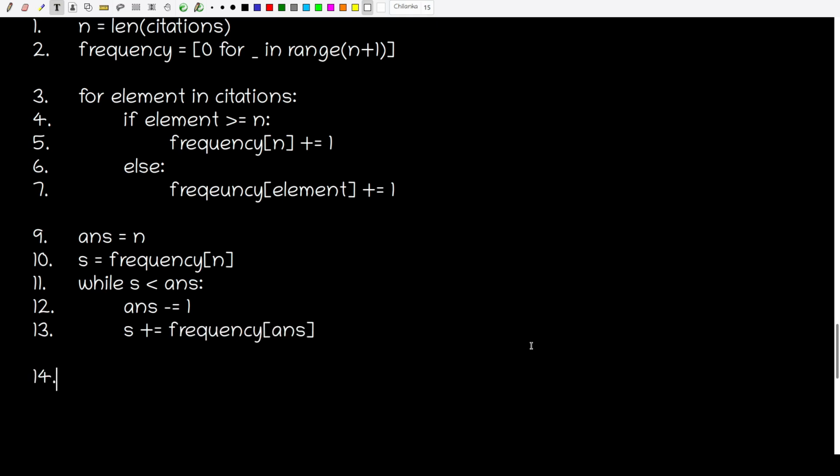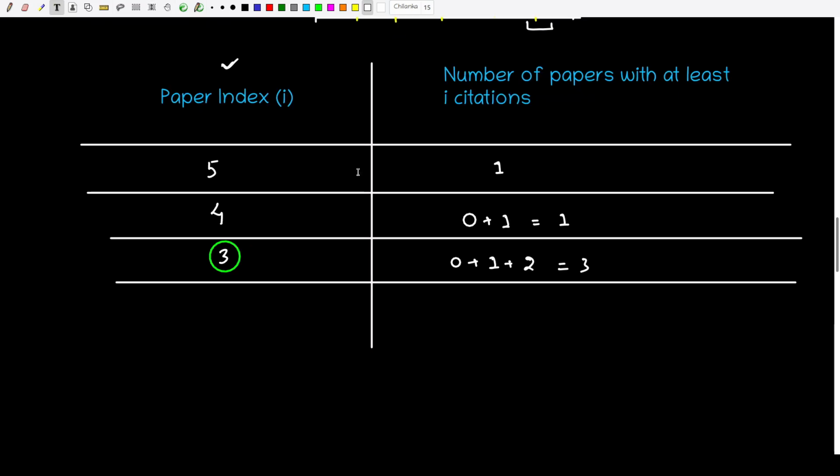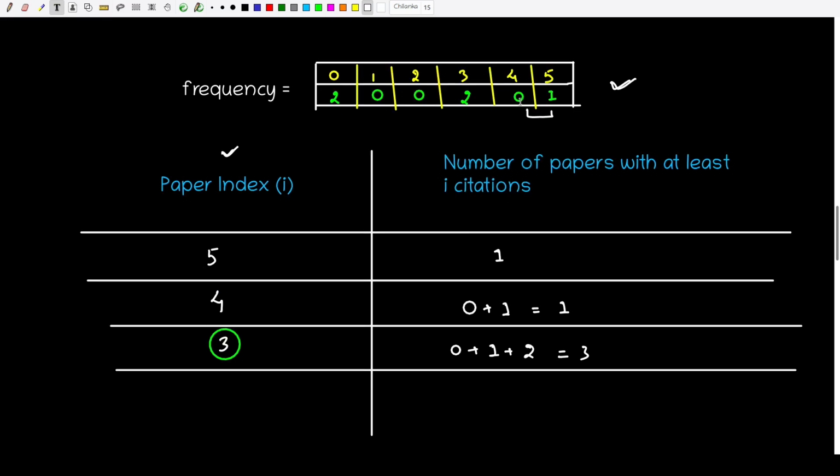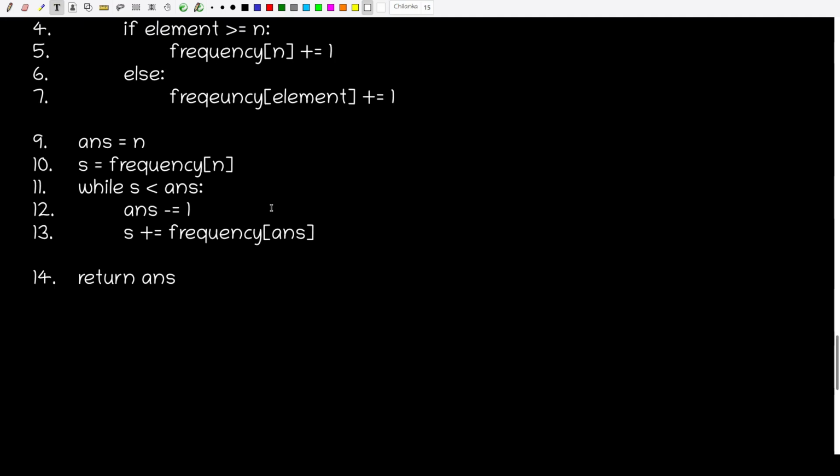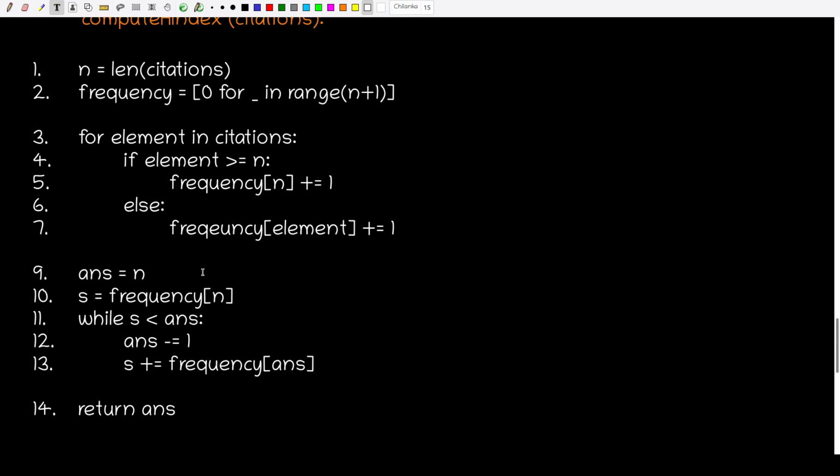So folks, over here, let us say this does not satisfy the definition of h, then we are going to the next index, which is 4, so answer minus 1, and then we have to compute the summation of the last two elements, so 0 plus 1. That is why s is equal to s plus frequency of answer. And towards the end, we are returning answer.